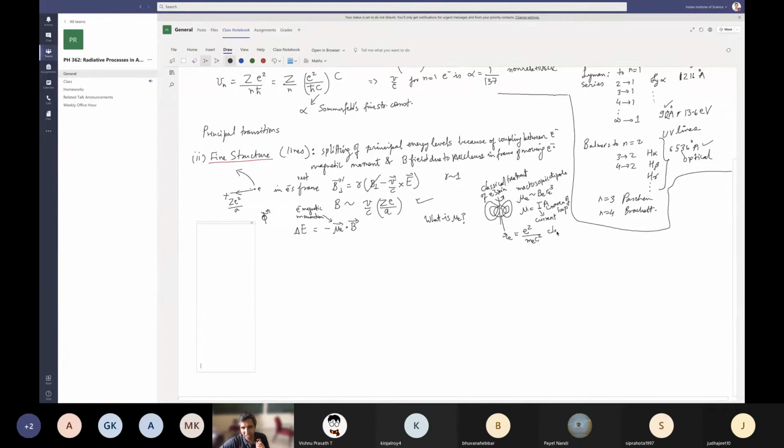So this is the classical size of an electron. In the classical model, the electron is spinning with some frequency and has this size. So it has a magnetic moment because it's a charge which is spinning. So there is current and it has some area.